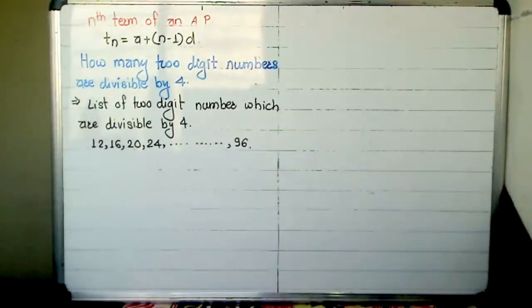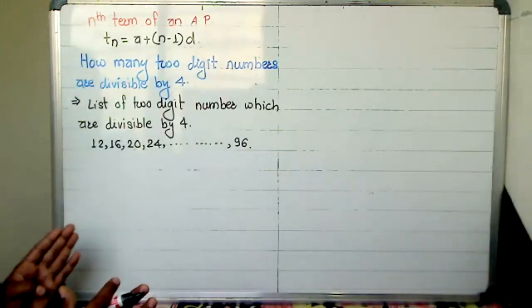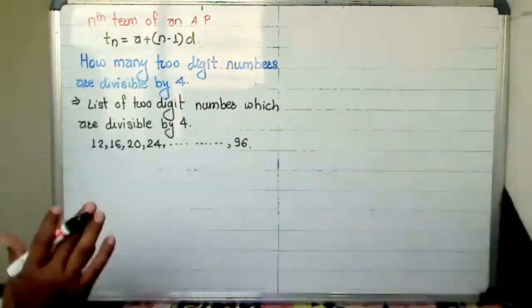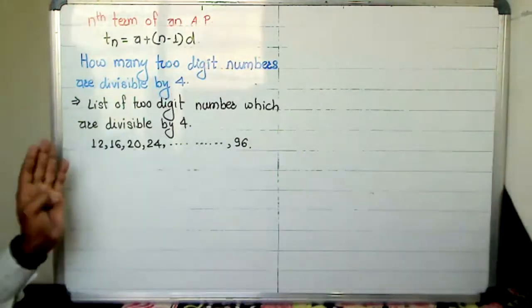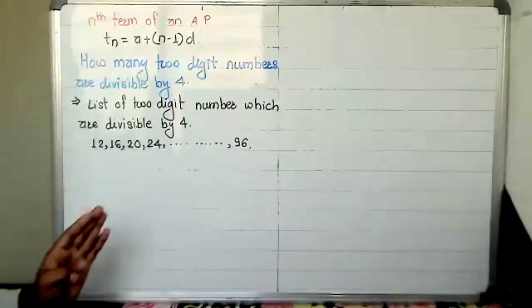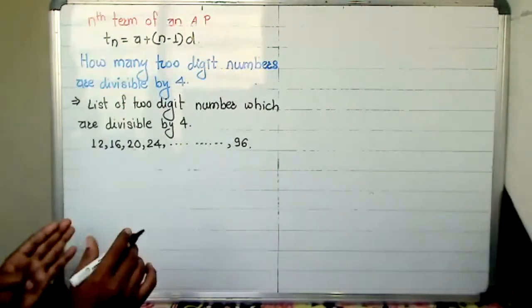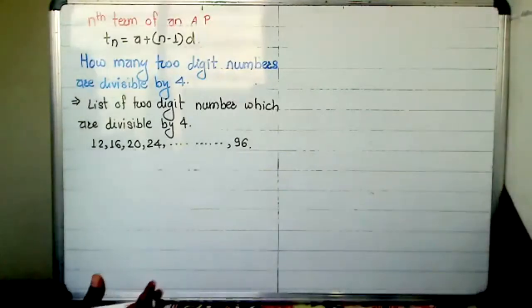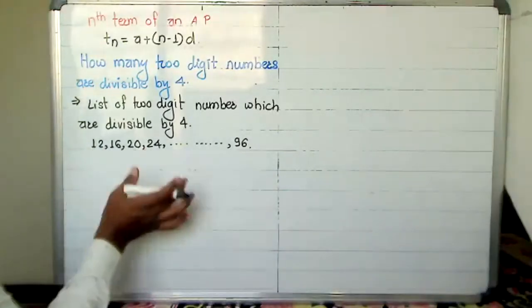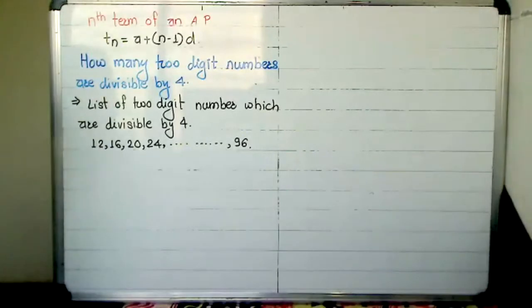What we are asking in this example is how many two digit numbers are divisible by 4. So we have to find the number of terms which are two digits and divisible by 4.